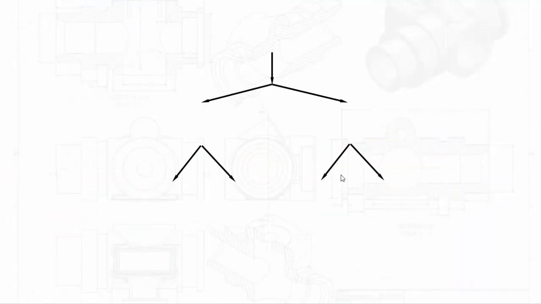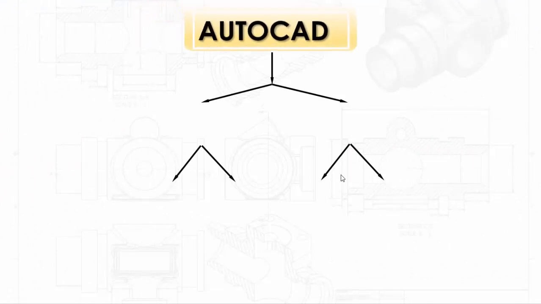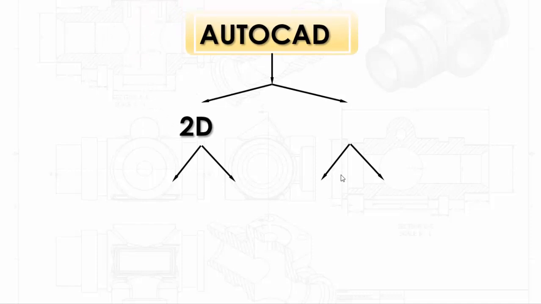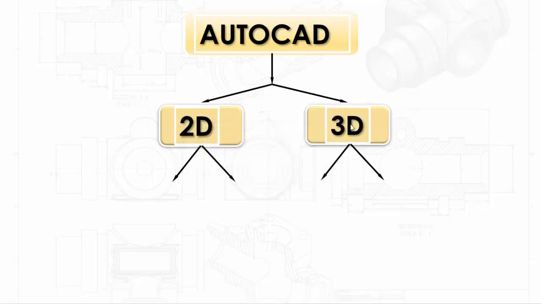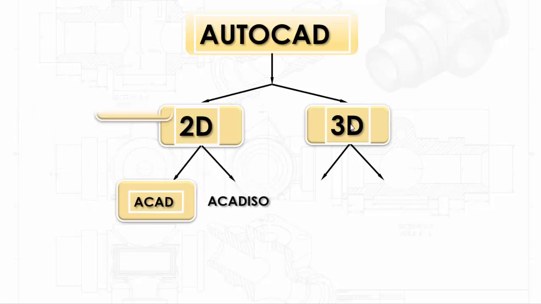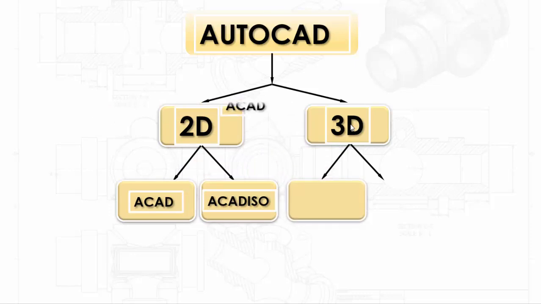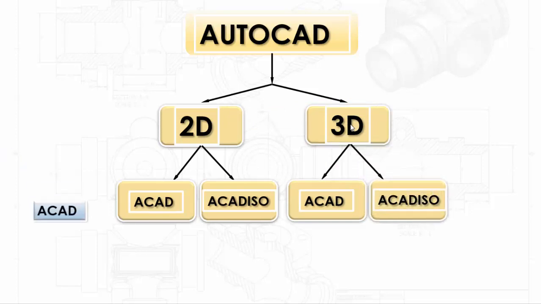Let's now have an overview of what we have gone through. AutoCAD: you have AutoCAD 2D, we have AutoCAD 3D. In AutoCAD 2D, we have Acad and Acadiso. In AutoCAD 3D, we also have the same thing, Acad and Acadiso. Okay, what is Acad?